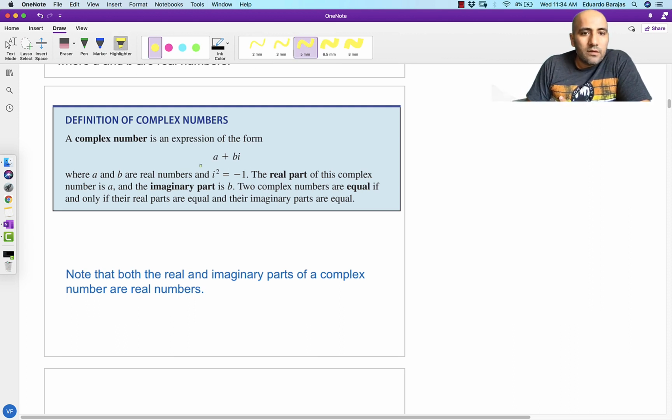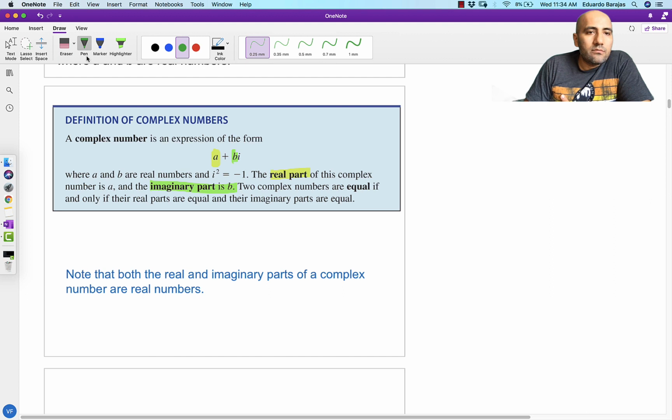So when you're given a complex number, the number out here in front is the real part, and the imaginary part is the b, right? Just the b, not the bi, just the b. The b is the imaginary part of your complex number.